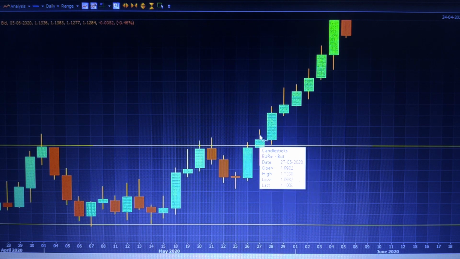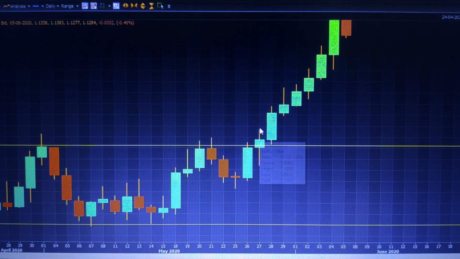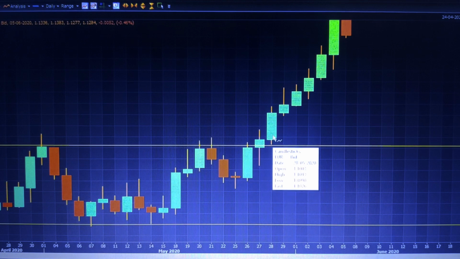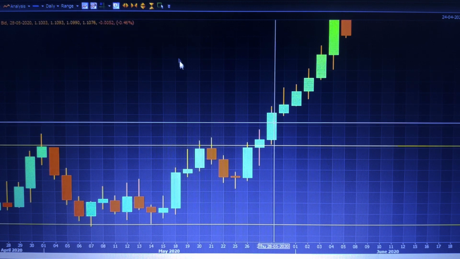So we place an order at the high of this candle, the top of this candle. Once this high is touched, your order will execute here.